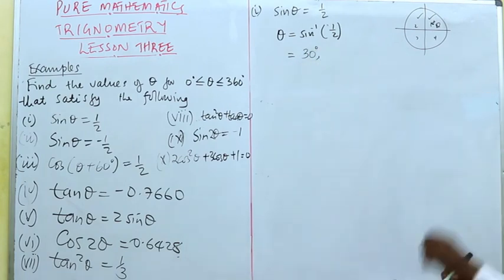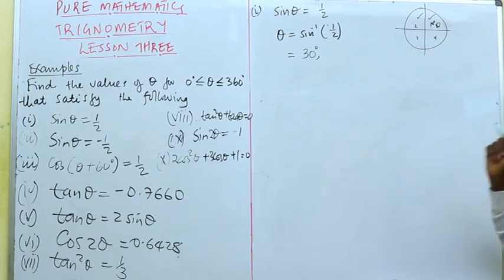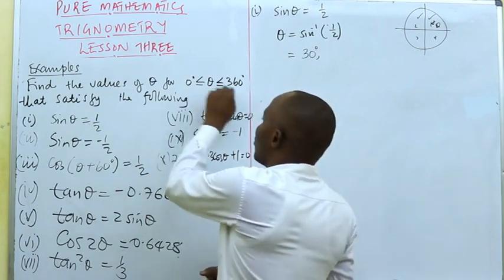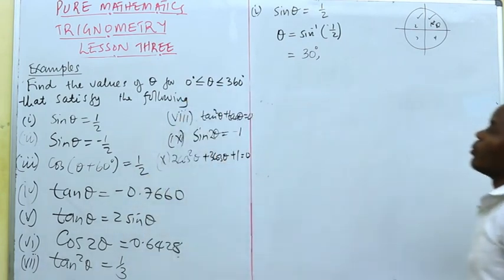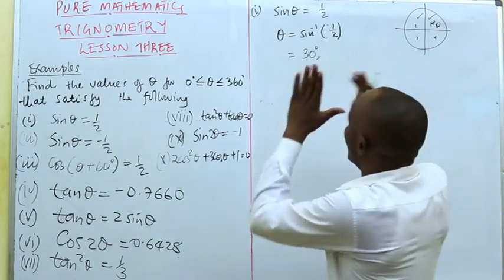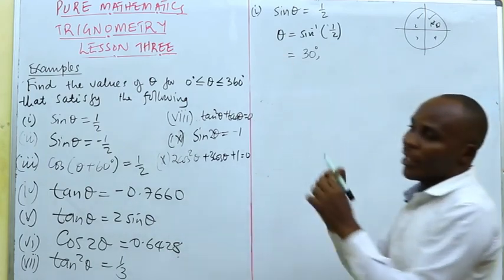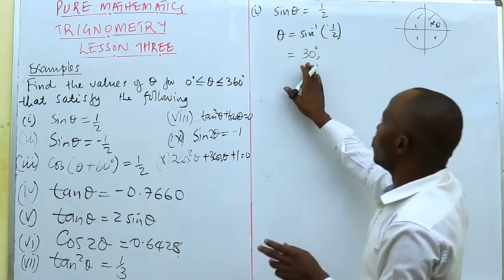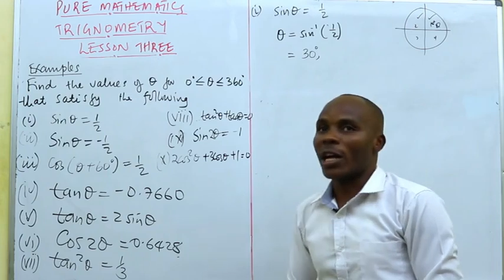Now, if it is 30 degrees, how are you going to get the second angle? That's where our challenge starts from. Remember, you're supposed to satisfy this range. It is from 0 to 360. But basing or focusing on all the rules as we've mentioned them, we have 30 degrees. Which other angle do we have?